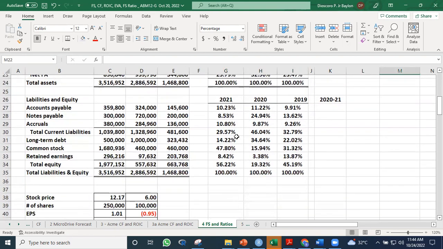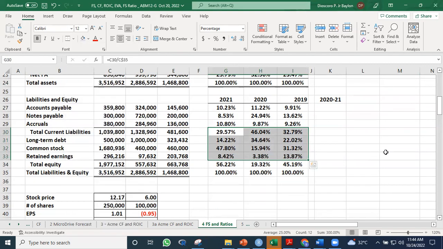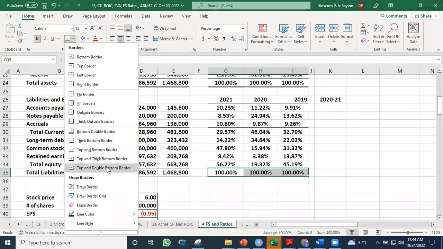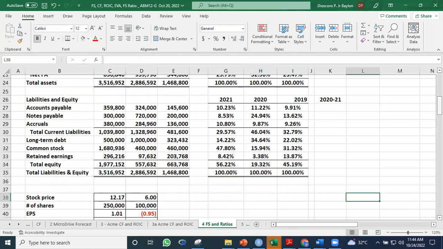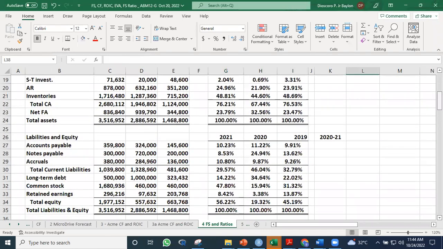Ganun din dito. I'm just following the format. Top and bottom border, and this one, double. All right.